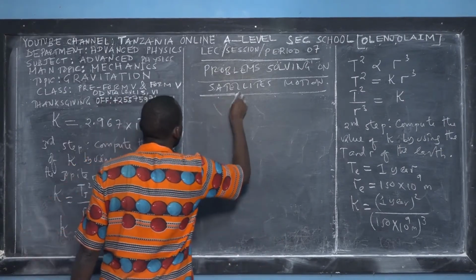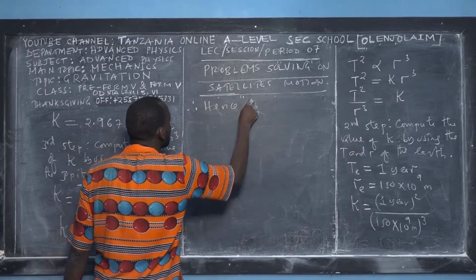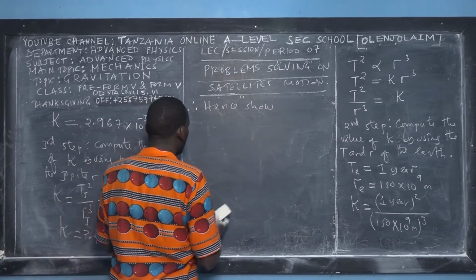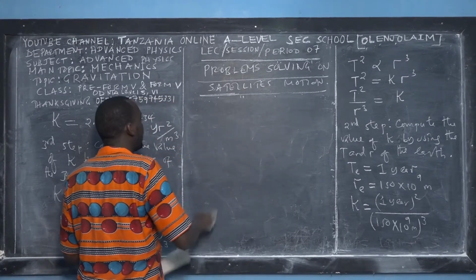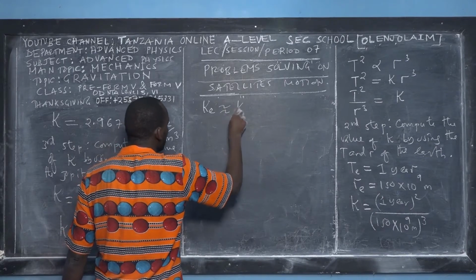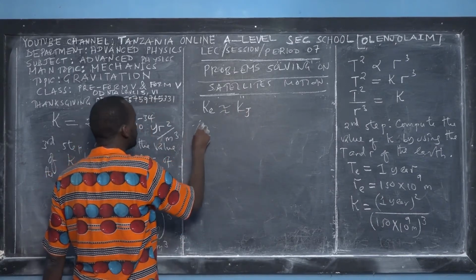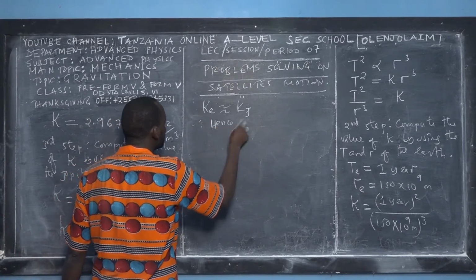So we say that, hence shown, K computed on the Earth's surface is closely equal to K computed on Jupiter.